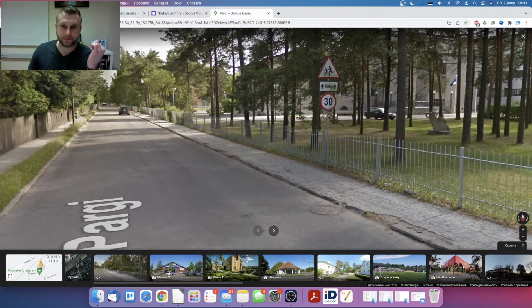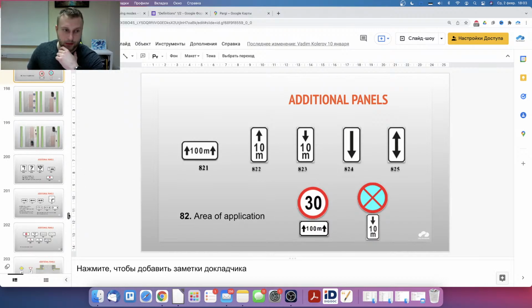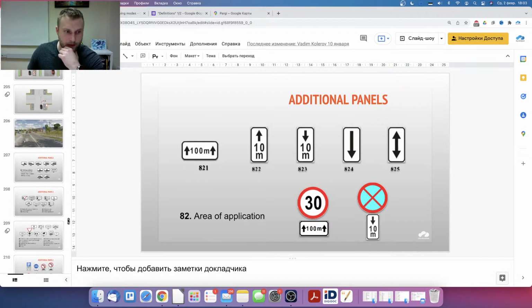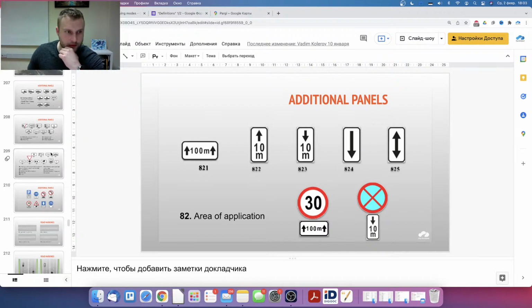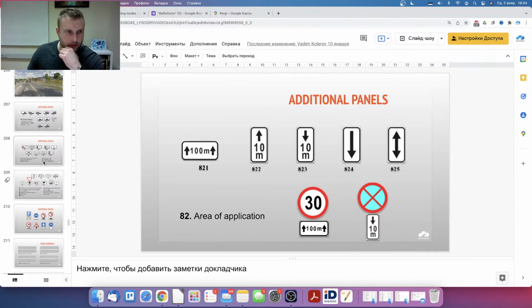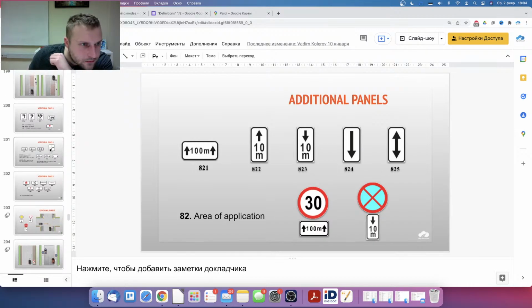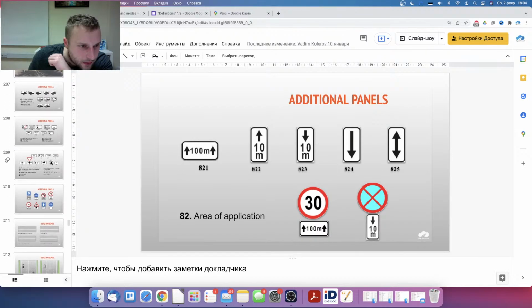So that's the logic, and we should now understand the logic of the signs. Some of them have arrows on the left and on the right side, and some of them don't have. I will also show it here. Let me check. Okay, maybe we'll come to that later.